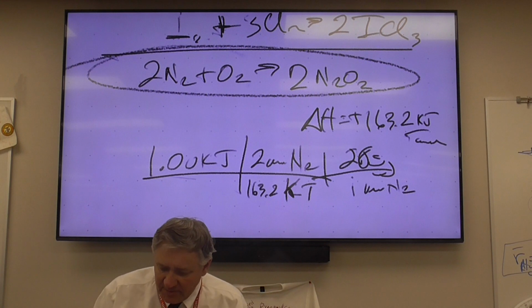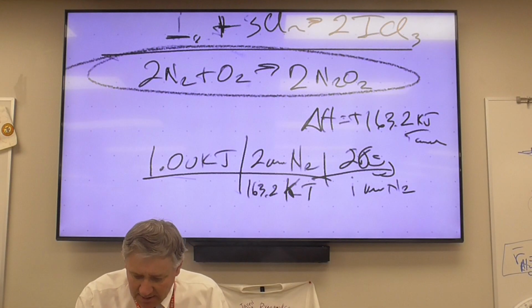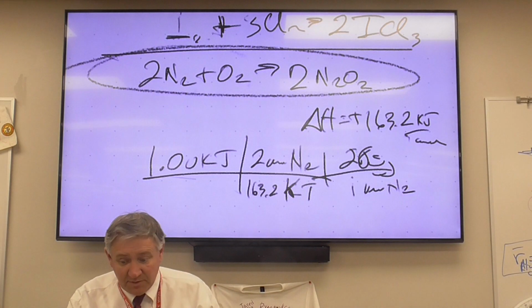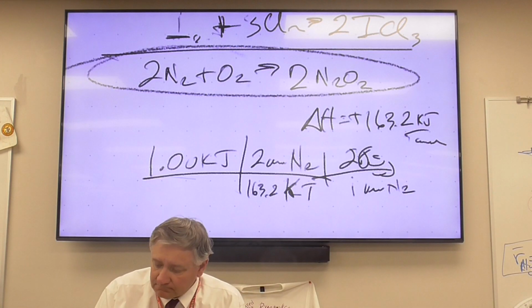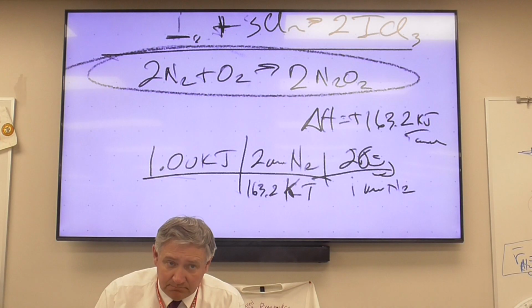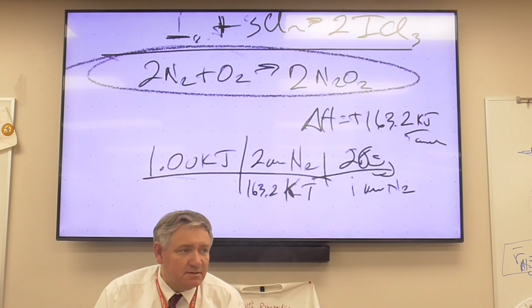So that answer, for example, to number 4 should be between 0 and 0.5. Your answer to number 3 should be in kilojoules, should be around your age. And your answer to number 5 should be high 20s.